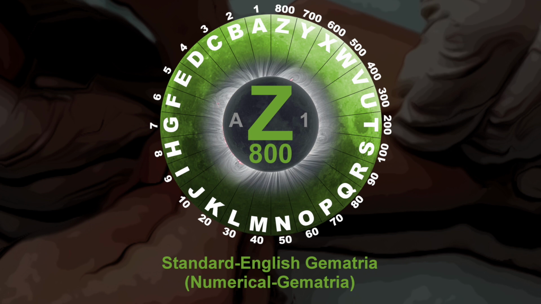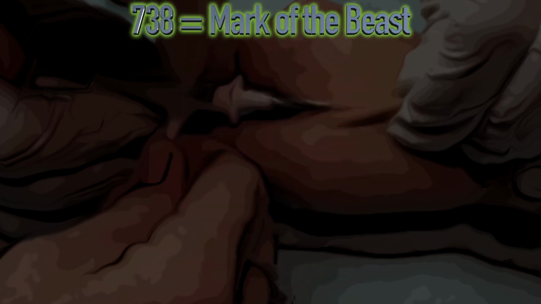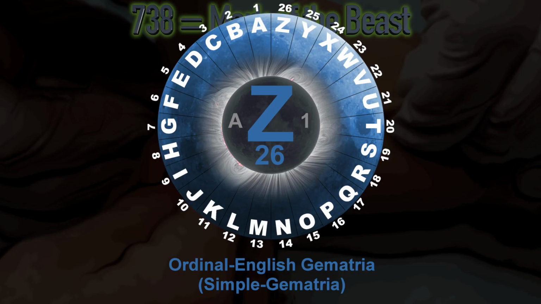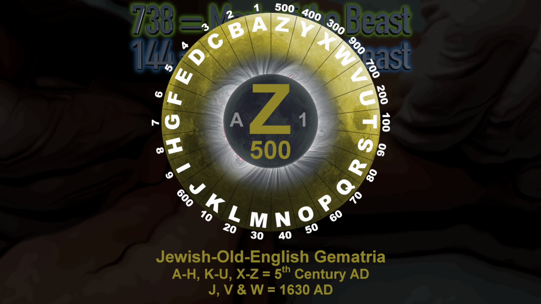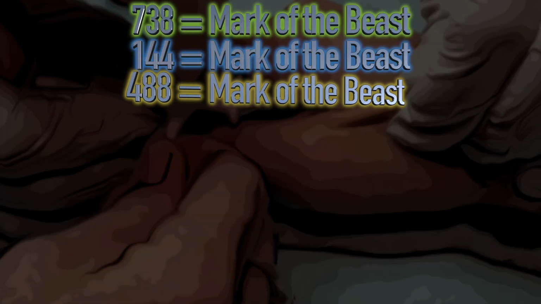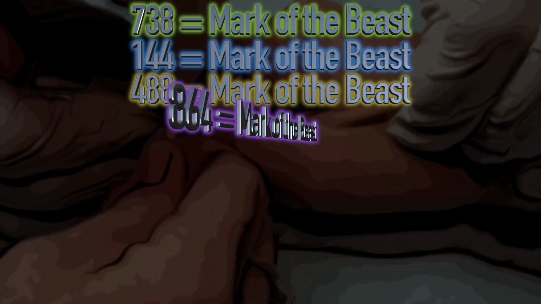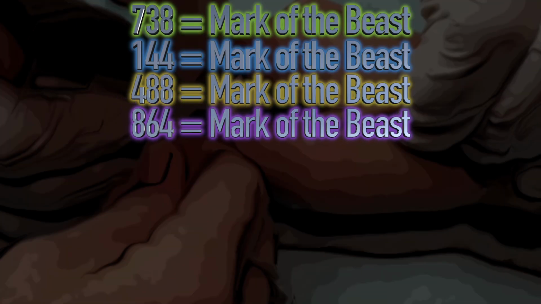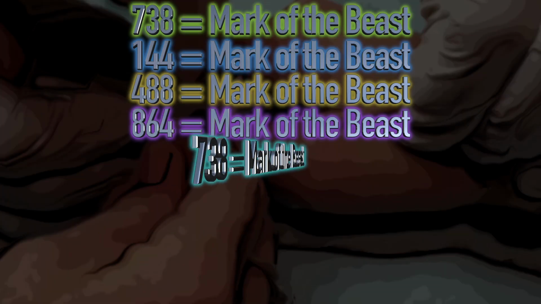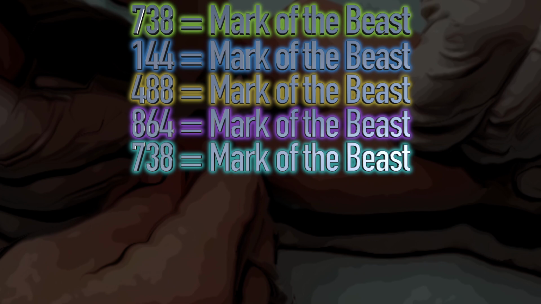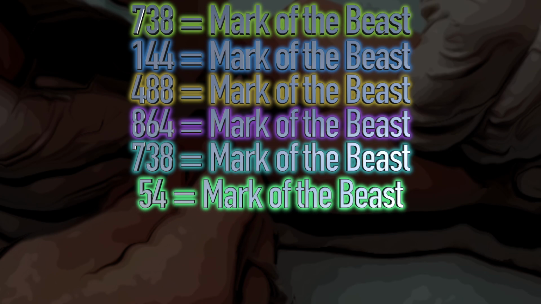Using standard English Gematria, mark of the beast equals 738, and using ordinal English Gematria, it equals 144, and using Jewish Old English Gematria, it equals 488, and using base 6 English Gematria, it equals 864. And using standard English Gematria binary, it equals 738. And using Latin Gematria, it equals 54.